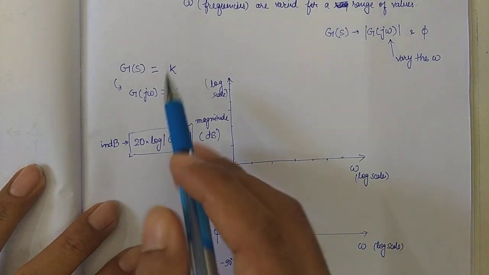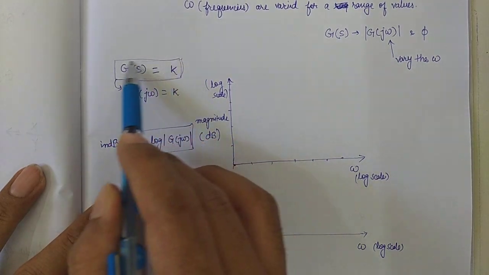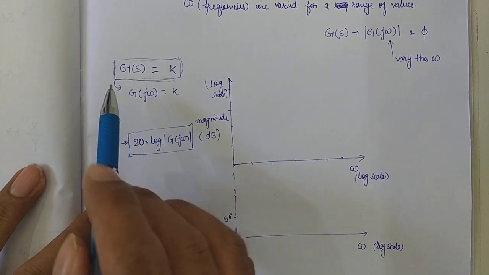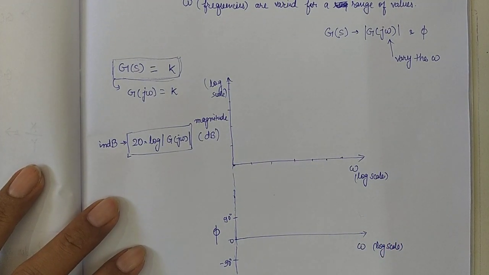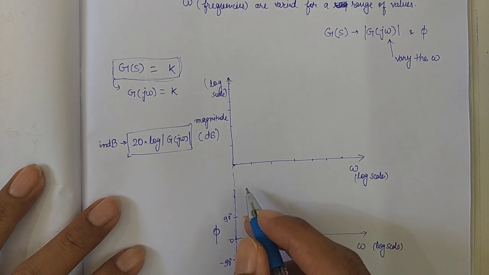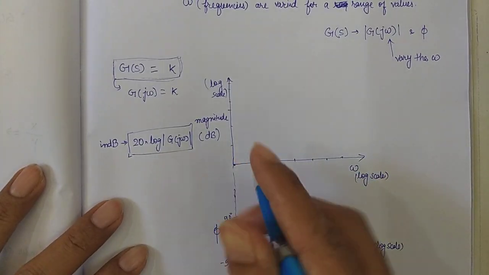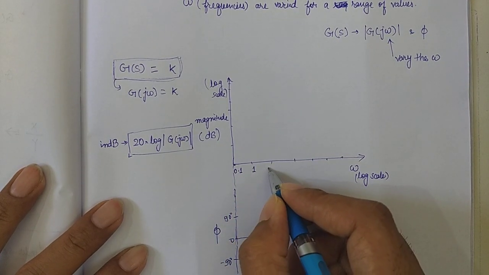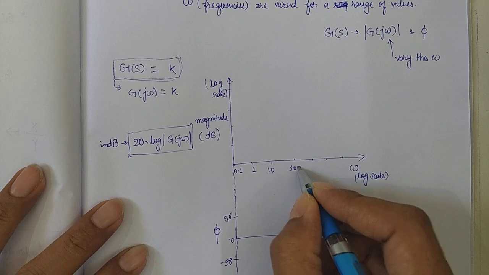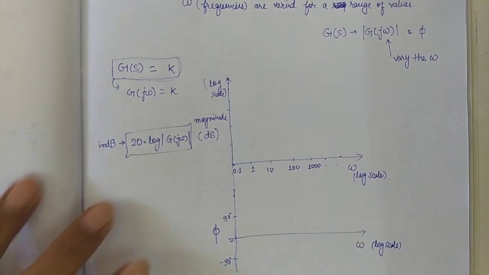So let's first talk about how this transfer function behaves with changing frequencies, a band of frequencies. Since this is a log scale, there is no 0 here. The 0.1 will be here, 1, 10, 100, 1000, and so on.